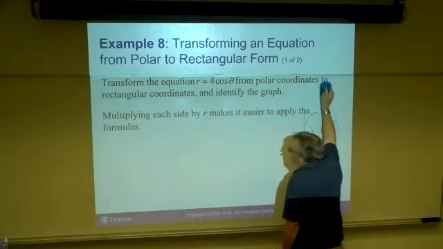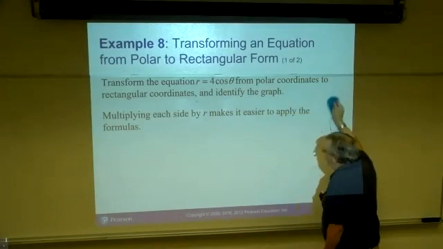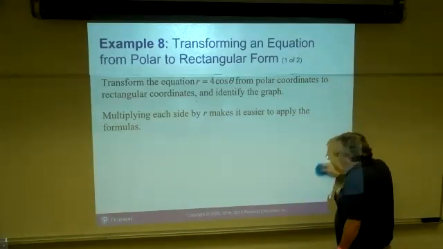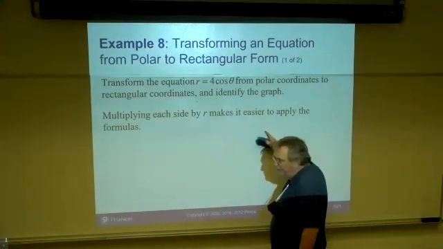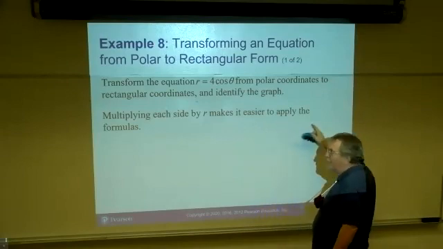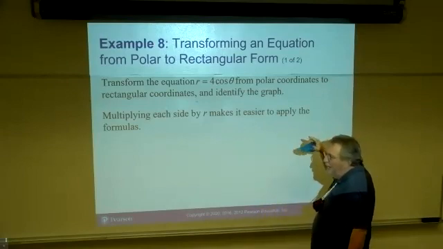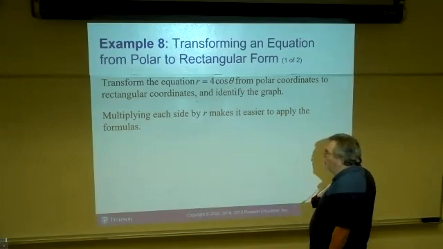So multiply each side by r, which makes it easier to apply the formulas, because we know the formulas. What I had written was r squared is x squared plus y squared, and x equals r cosine theta.